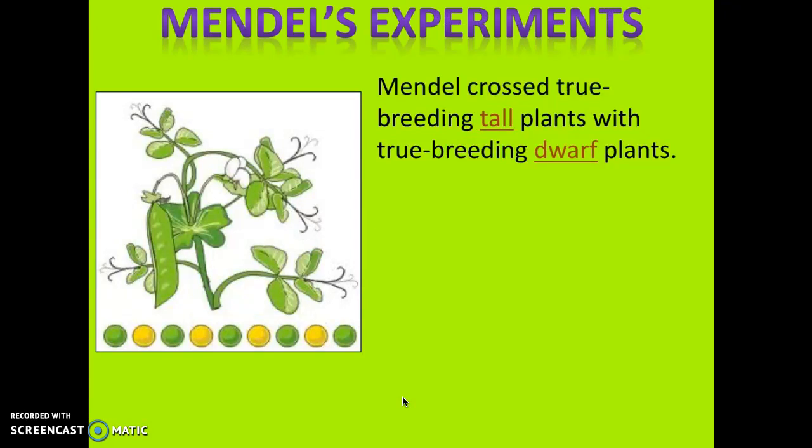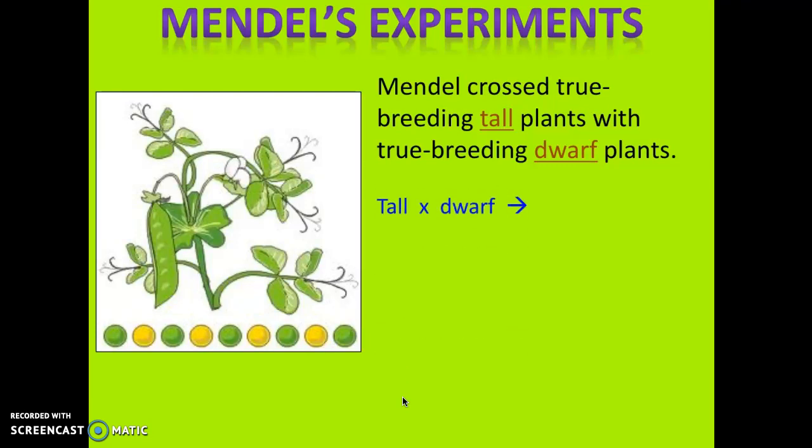So Mendel crossed true breeding tall plants, so a tall plant that has produced tall plant after tall plant after tall plant after tall plant when being self-pollinated, with a dwarf plant or with a short plant. And again, true breeding. So he knew this one was all tall, he knew that this one was all short, he knew that going in. It is called a control.